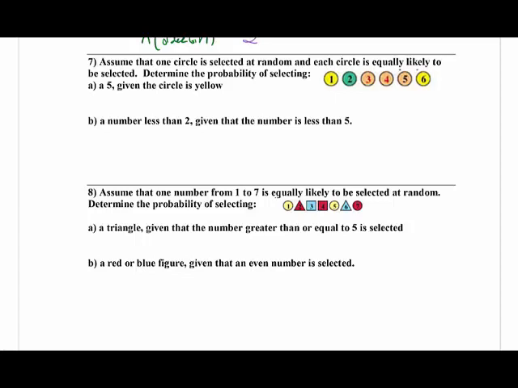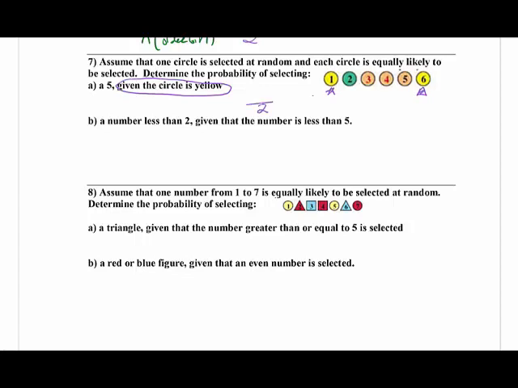Going to number 7. Assume that one circle is selected at random and each circle is equally likely. Determine the probability of selecting a 5 given the circle is yellow. So this is my given piece. If I look at these, I have 2 yellow circles. That means that has to happen.